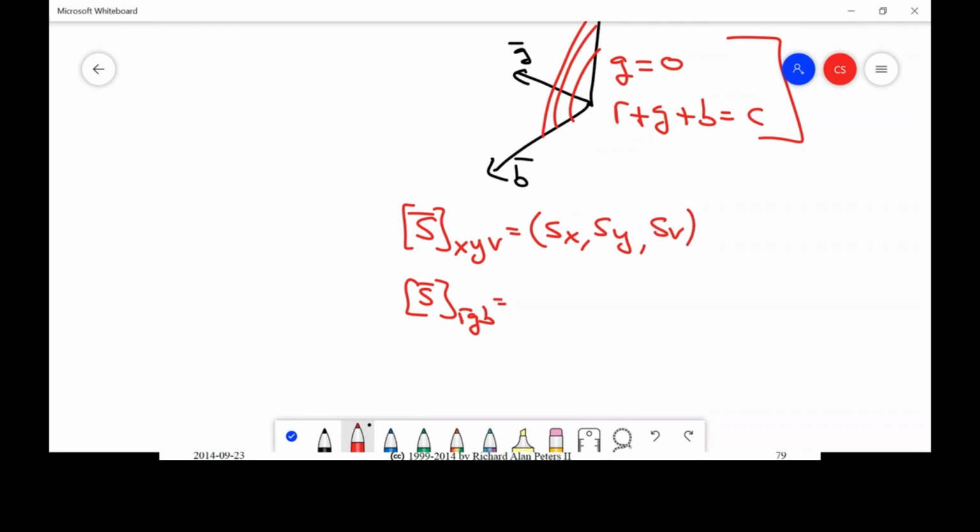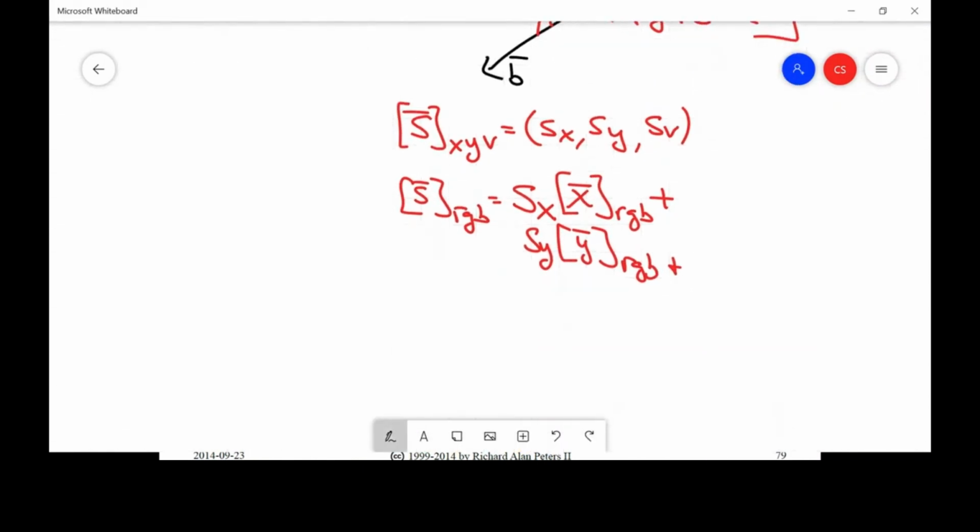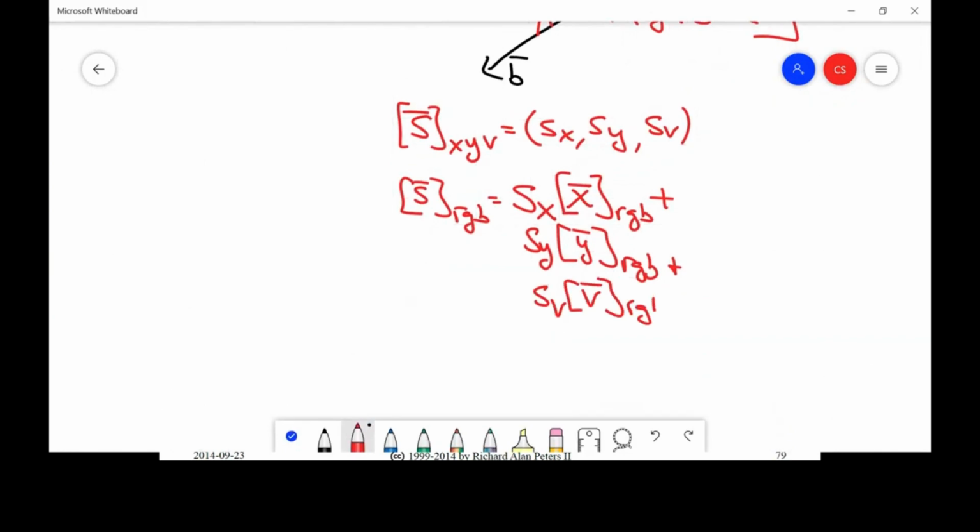So in the RGB, and this is a general result of changes of bases, this would be Sx times X, but now this X in the RGB coordinate system, plus Sy times Y in the RGB coordinate system, plus Sv times V in the RGB coordinate system.